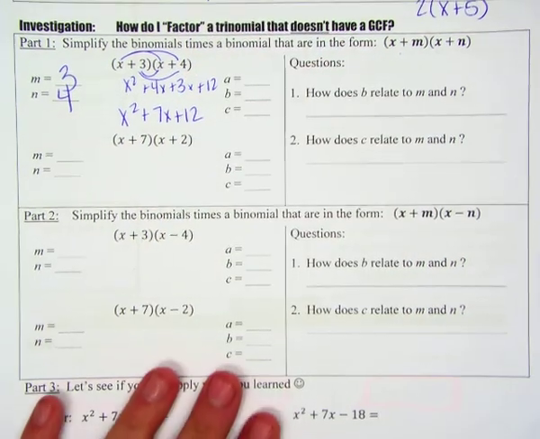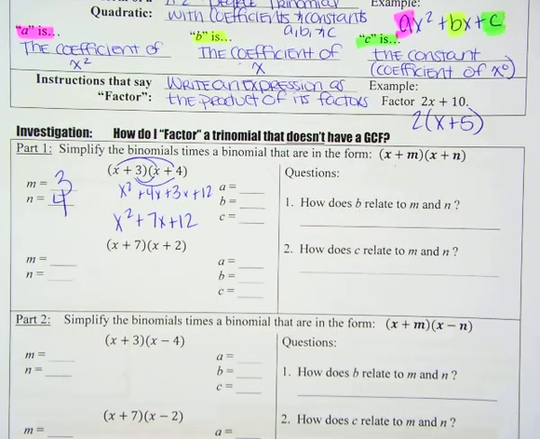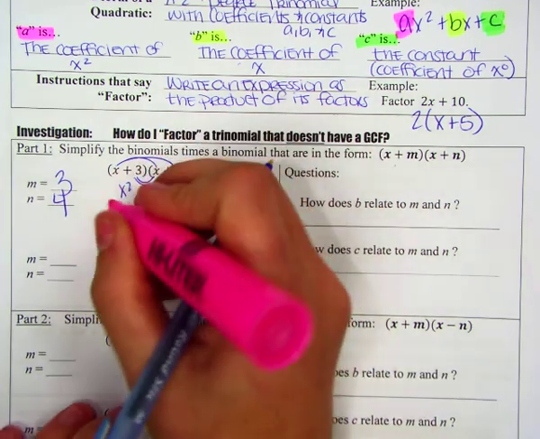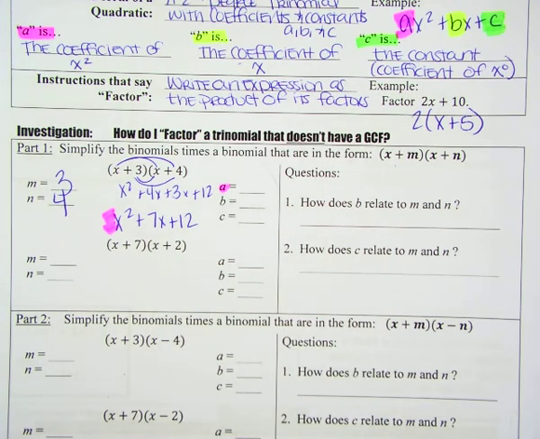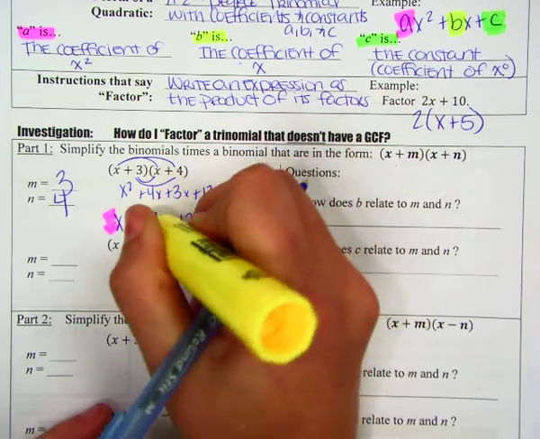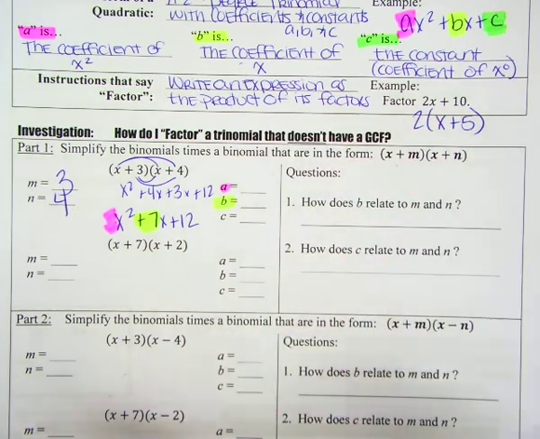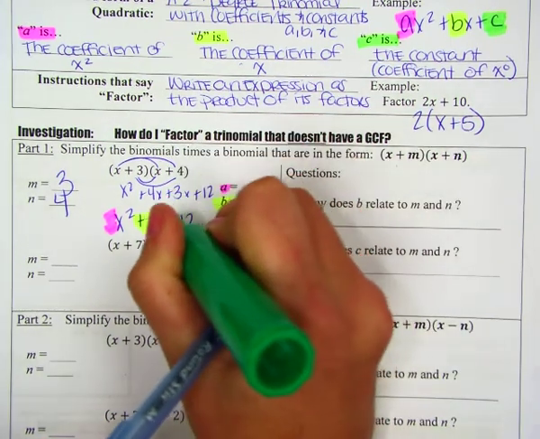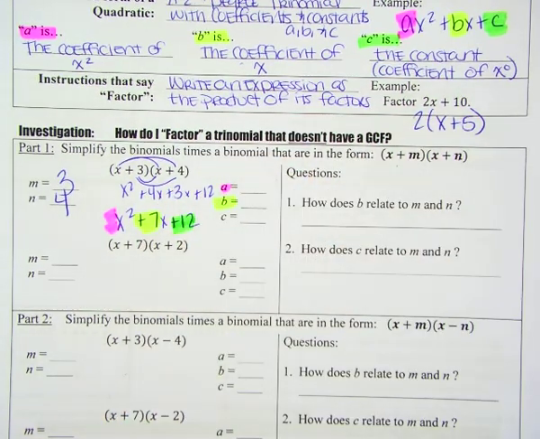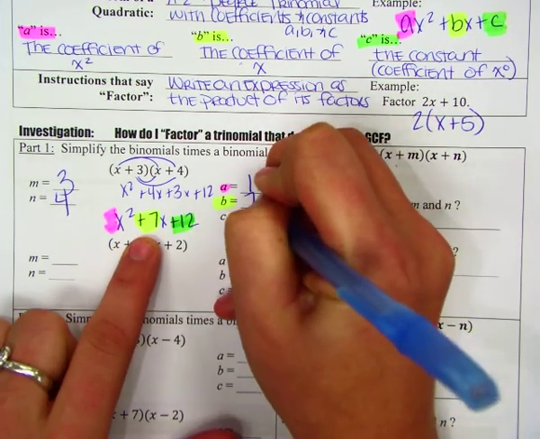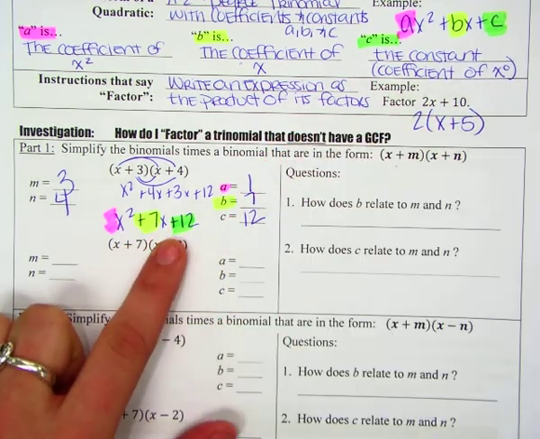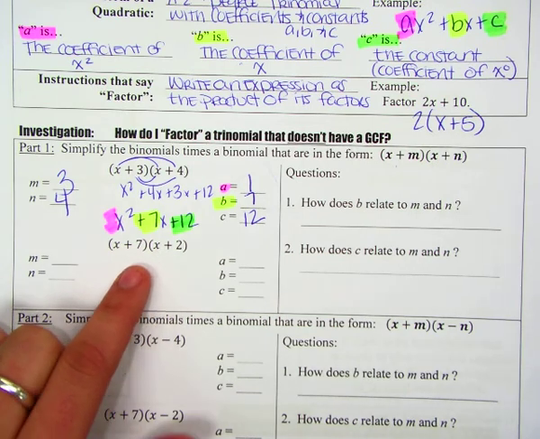So if we look back at our standard form of a quadratic, remember a, b, and c. A is the coefficient of x squared, b is the coefficient of x, and c is the constant. So a is 1, b is 7, c is 12. Okay? Let's do the next one.